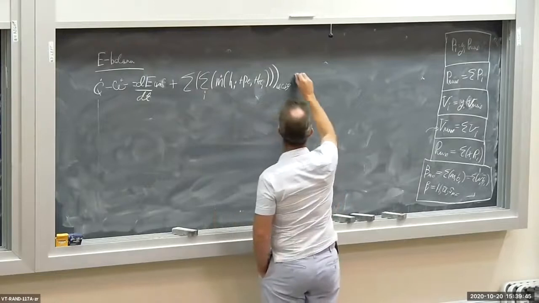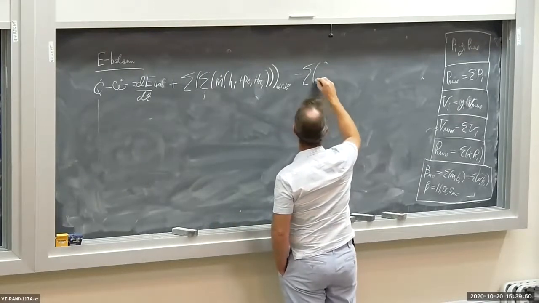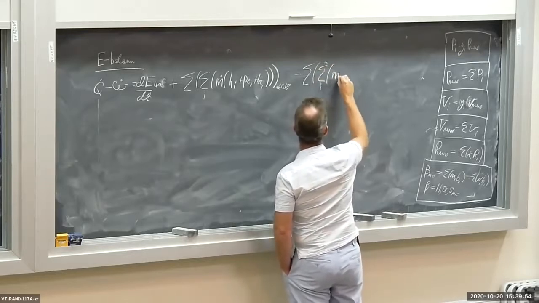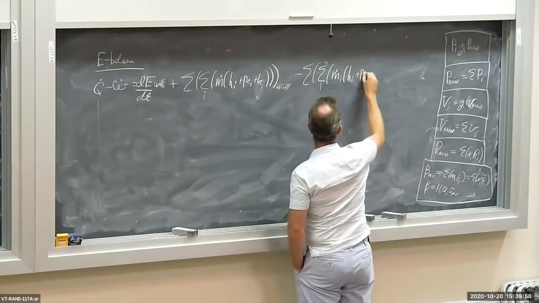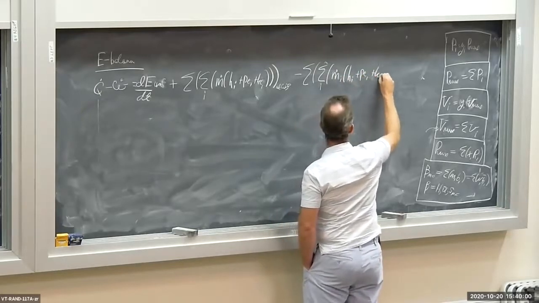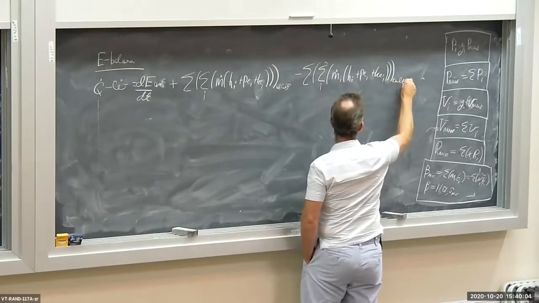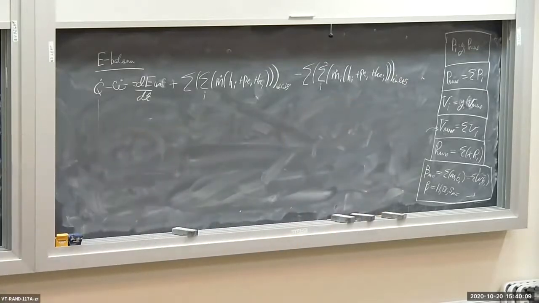And then I have minus a double sum, summed over all inlets, summed over all species, m dot i times (h_i plus PE_i plus KE_i), summed over all inlets. Okay, so this is the energy balance applied for multiple components. Note the double sum.